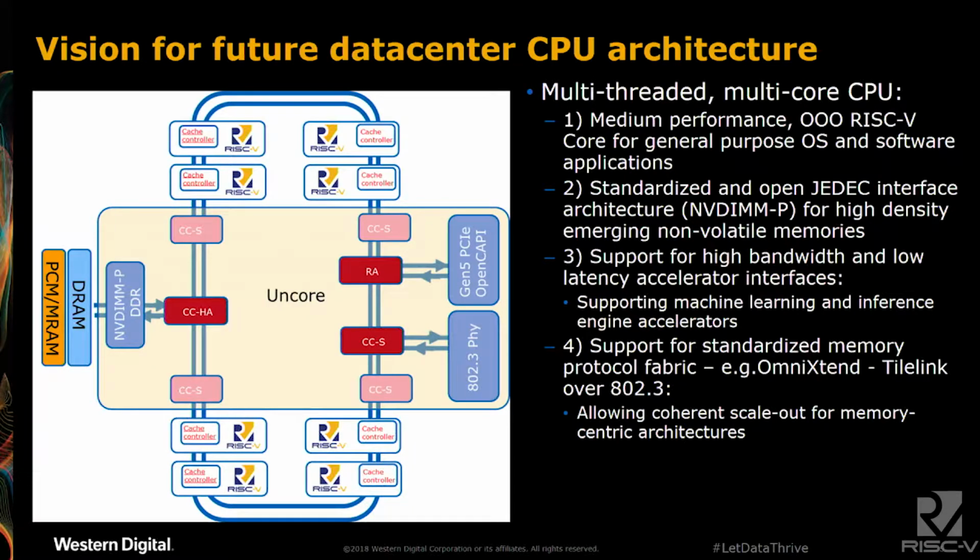It's the OmniExtend memory fabric, which is basically an extension of the TileLink cache coherence protocol over the 802.3 physical layer, basically Ethernet. This allows coherent scale-out for memory-centric applications and enables traditional SMP architectures, which are interesting and convenient because they do not require porting of the software. You can use a lot of legacy software on these types of architectures.